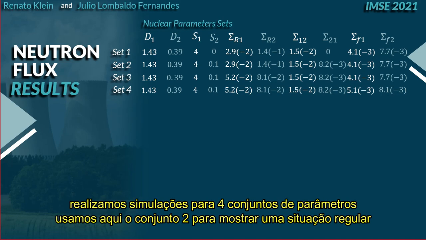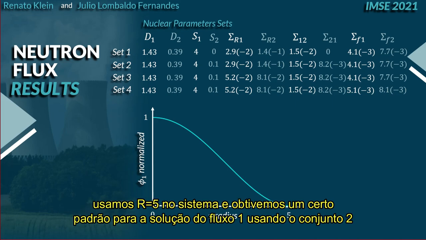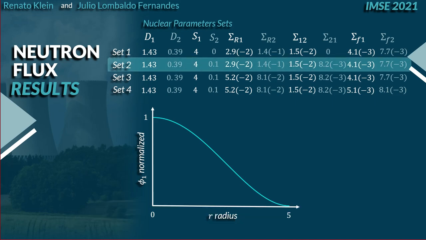We made the simulations for 4 sets of parameters, and we use set 2 here just to show a normal situation. For example, if we take the flux 1 results, normalized, it starts from 1, of course, because it is normalized, and we use capital R equal to 5 in the system, and we have some pattern of solution for flux 1 using set 2.